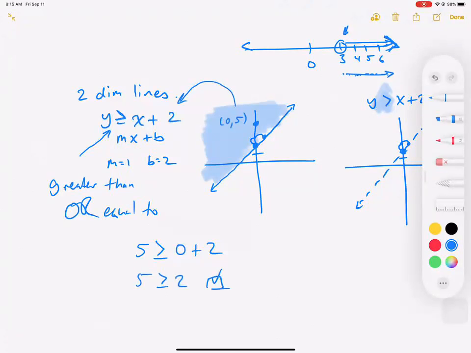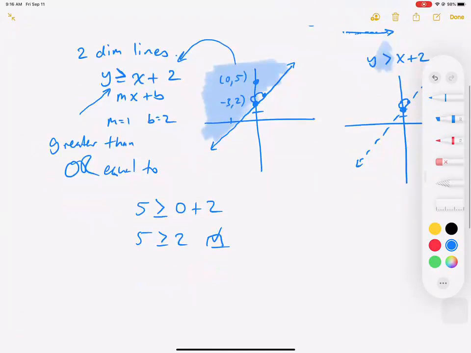If I pick another point, I'm just picking something random. Let's say it's going to be something like negative 3, 2. Negative 3, 2. That looks like it could be there. Is 2 greater than or equal to negative 3 plus 2?